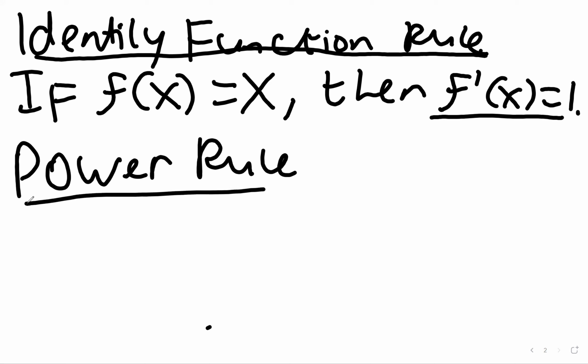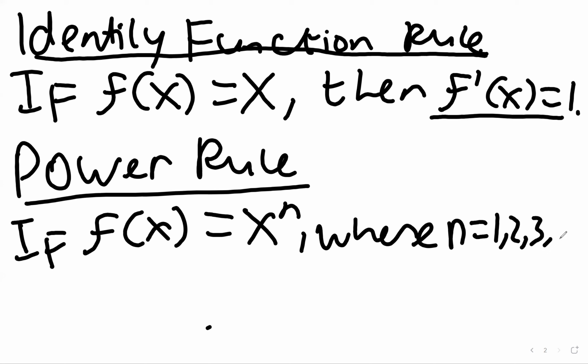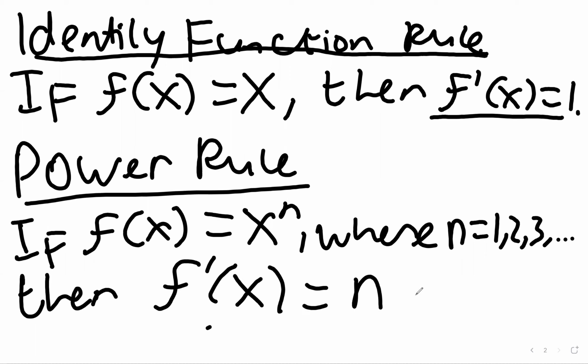For the power rule, if f of x equals x to the power n, where n is a positive integer, so n equals 1, 2, 3, and so forth, then f prime of x equals n x to the power n minus 1. So that's the power rule formula.